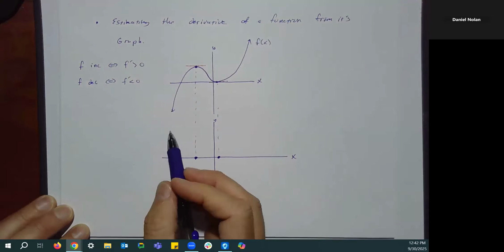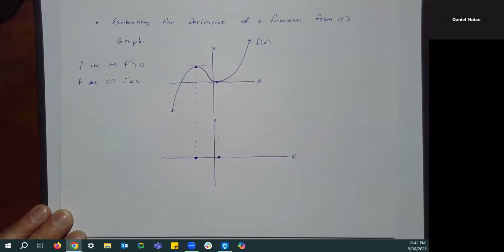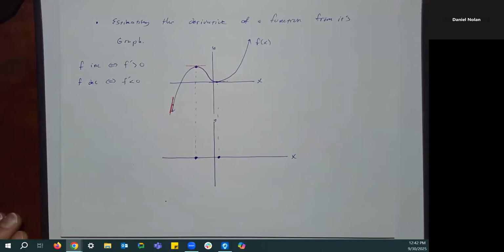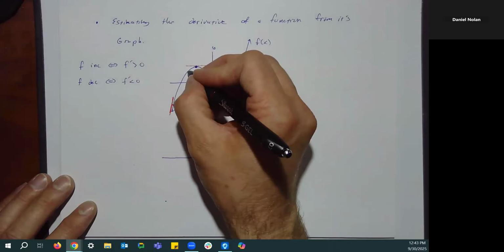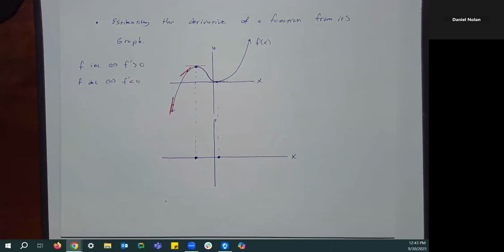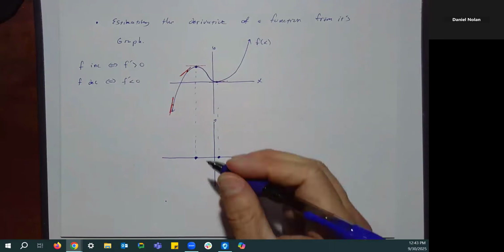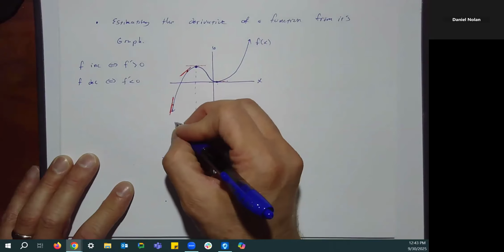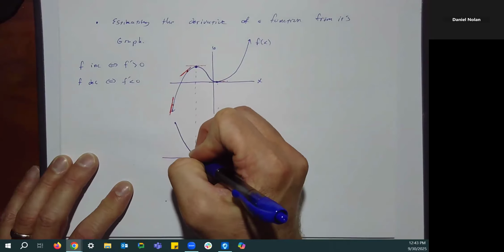So way over here on the left, my slope is very steep, so my derivative is very positive. Closer to the critical point, my slope is still positive, but less steep, so it's going to be less positive. So we're going to start positive, and then we're going to come at this like that.